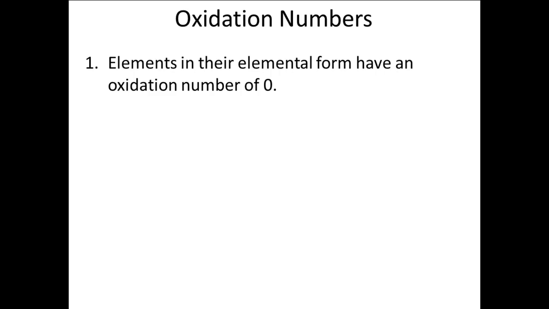Rule number 1. Elements in their elemental form have an oxidation number of 0. If we have a neutral element, like helium, He, or hydrogen, H2, or sulfur, S8, then the oxidation number of the atoms is 0, because there is no charge and the atoms are identical.